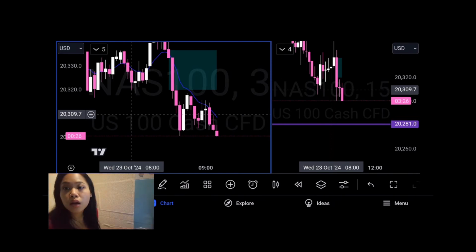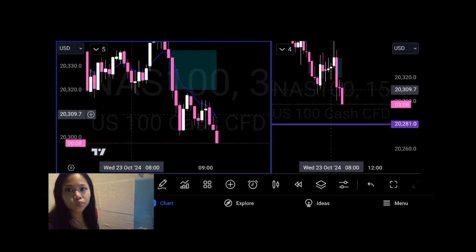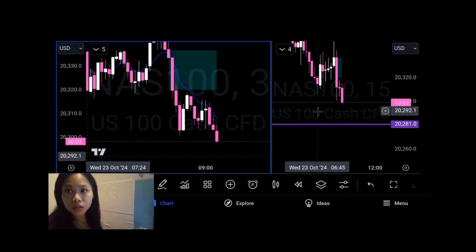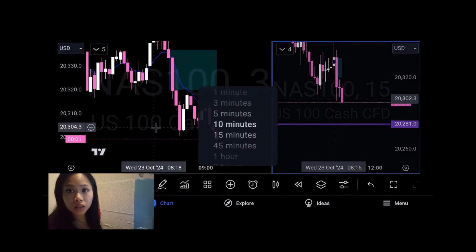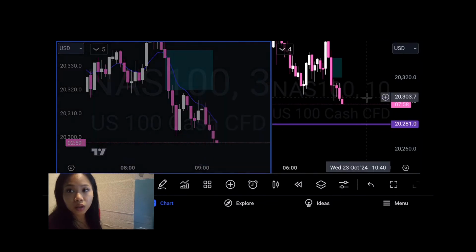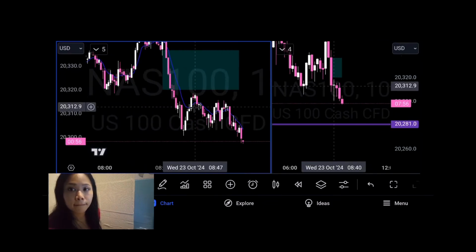It really sucks that MT4 doesn't have the 10-minute or the 1-minute. Oh no, it does have a 1-minute, but it doesn't have the 3-minute or the 2-minute. So it's looking like it is actually going to sell off without me. Okay.